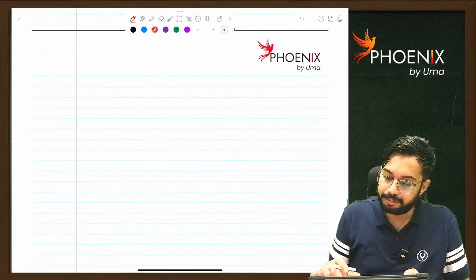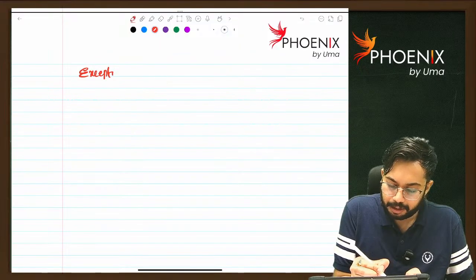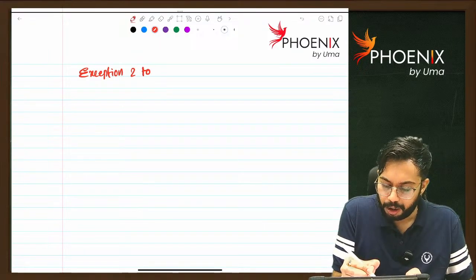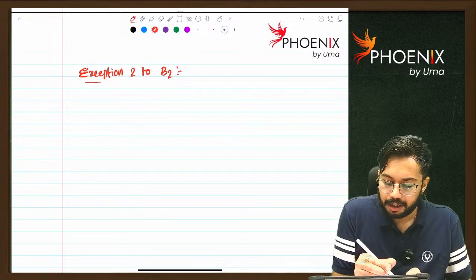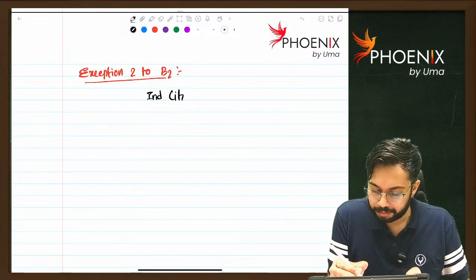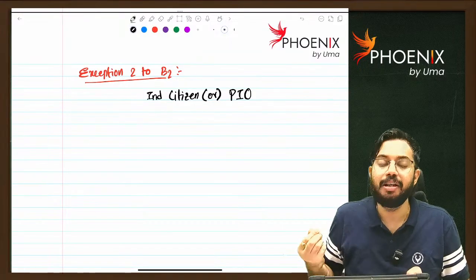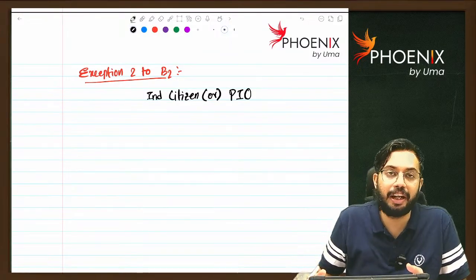Second exception, Exception 2 to B2, is applicable for an Indian citizen or a person of Indian origin. Sir, who is called a person of Indian origin?